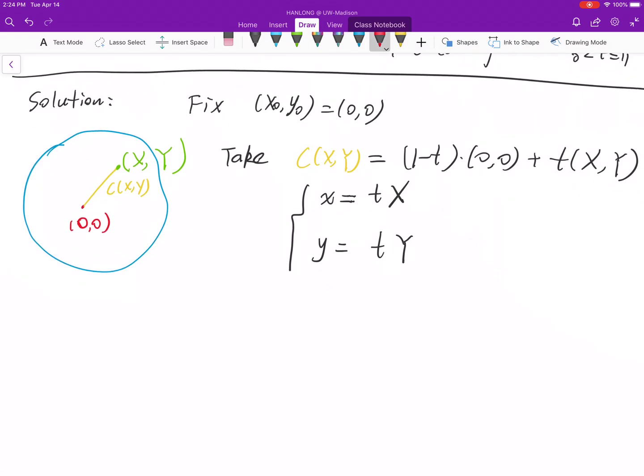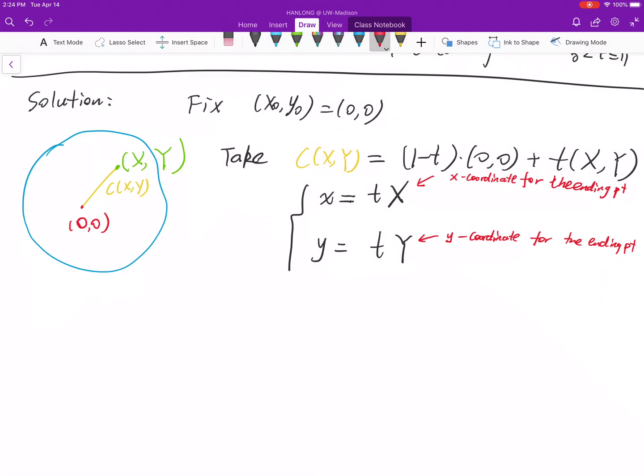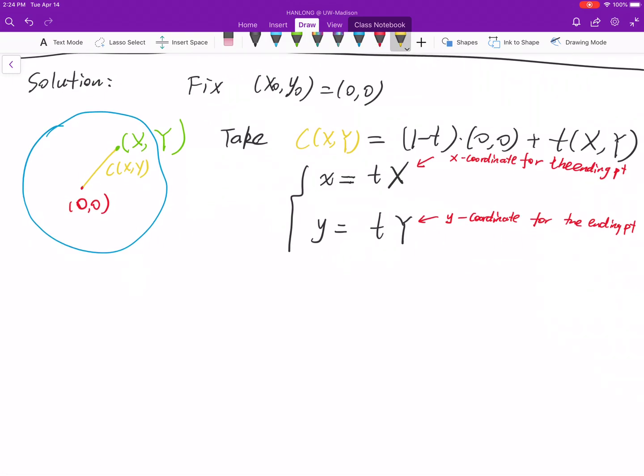And just recall, this is x coordinate for the ending point. Similarly, this capital Y is a y coordinate for the ending point. And the xy is just a general point on this yellow line.